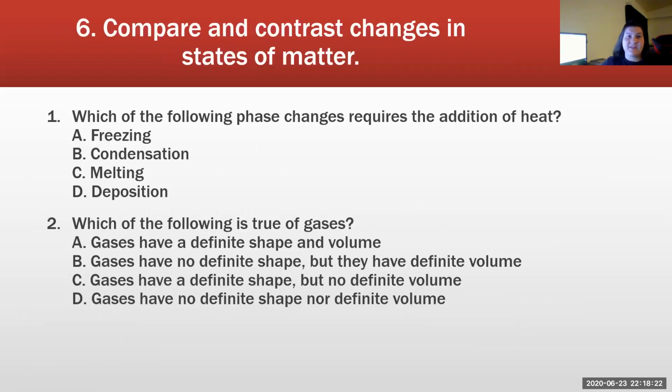Which of the following phase changes requires the addition of heat? Freezing, condensation, melting, deposition. I hope the answer just pops into your head, because freezing is a phase change from liquid to solid that requires removal of heat.